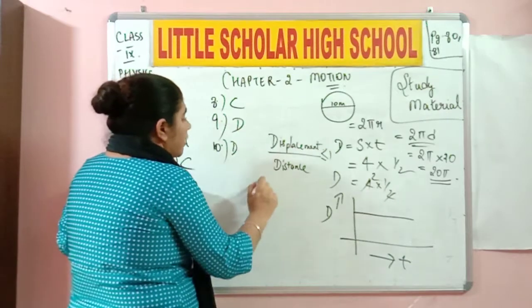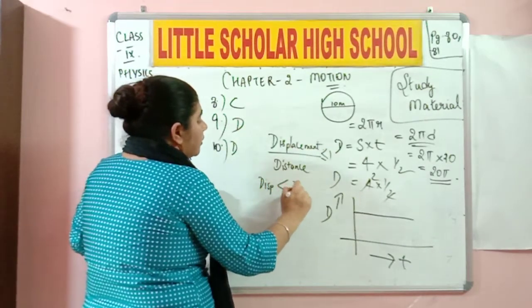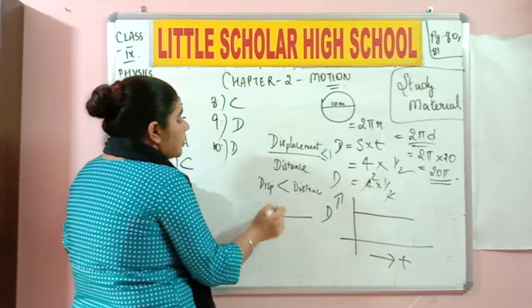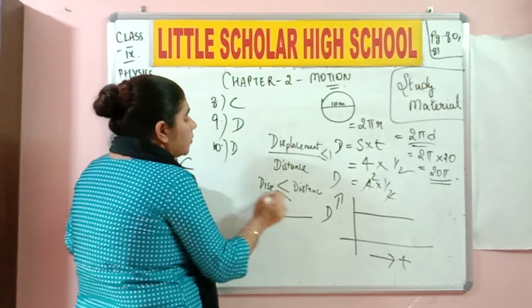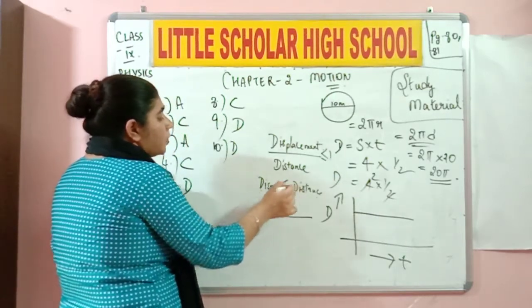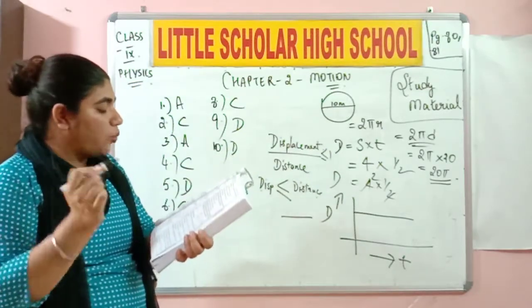Because displacement is less than the distance, and in cases of straight line distances, displacement is going to be equal to distance. So when distance comes on this side, what is left over here? 1. So displacement by distance is less than or equal to 1.